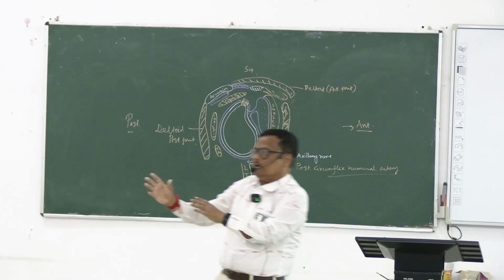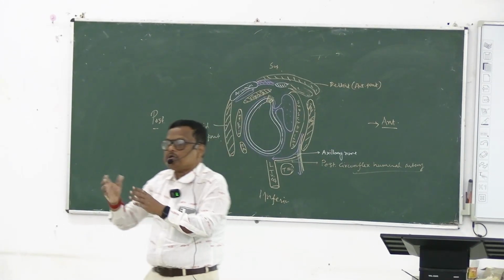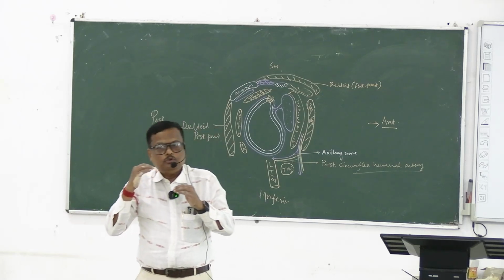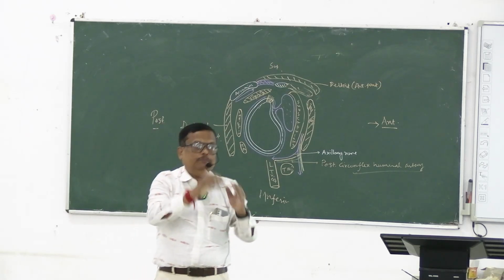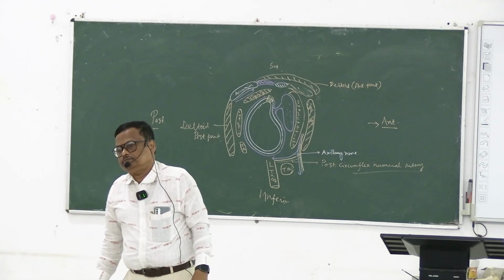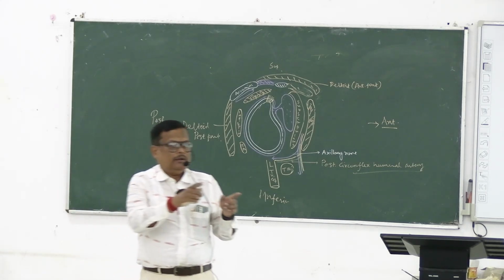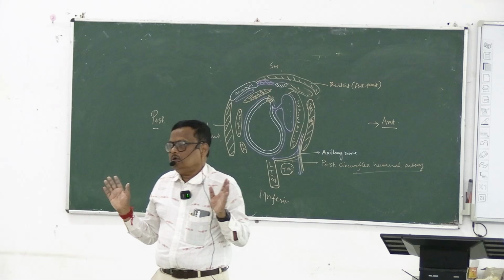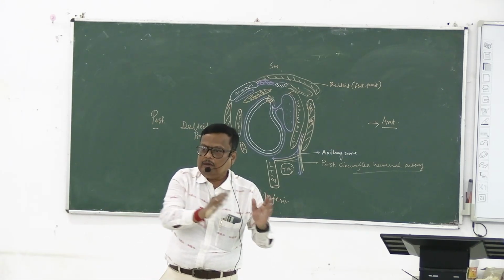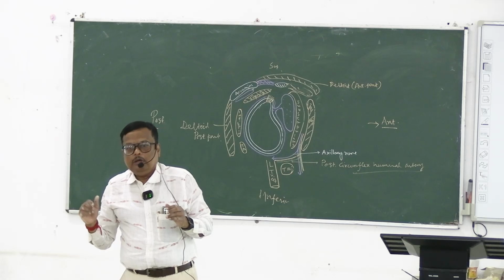So those muscles which act against the action of the prime mover, we call them antagonist muscles. Clear? So prime mover is clear, then antagonist.